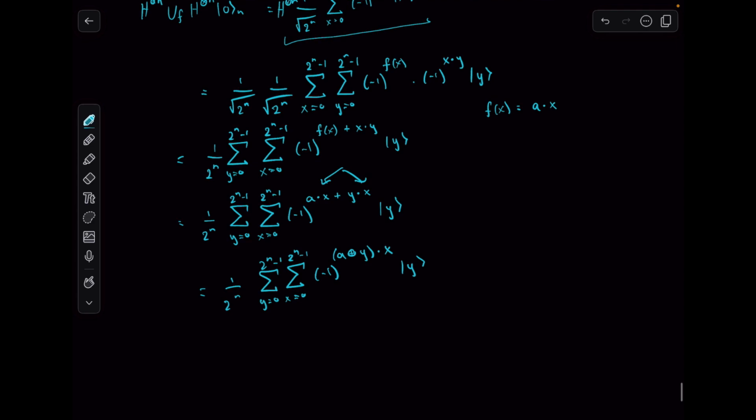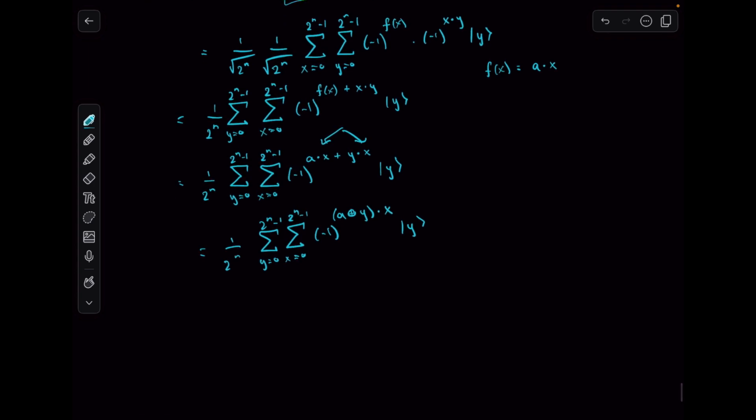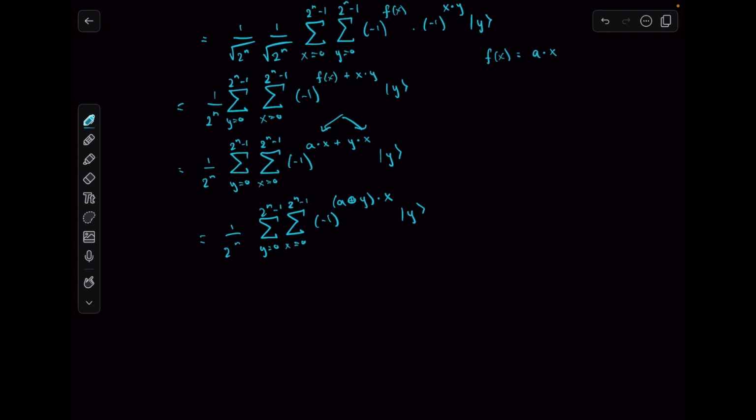And now we can start to actually examine the different scenarios. So it turns out there's only two types of scenarios we have to consider here.